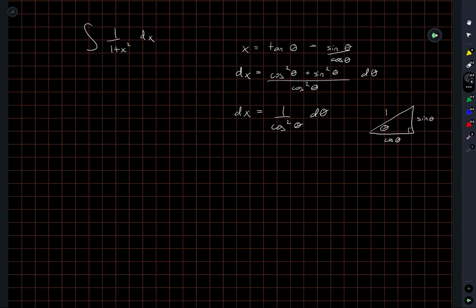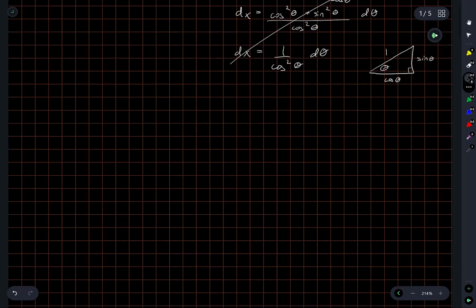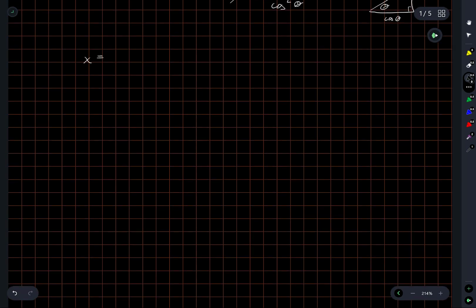Let's try x equals secant theta, which is 1 divided by cosine theta.